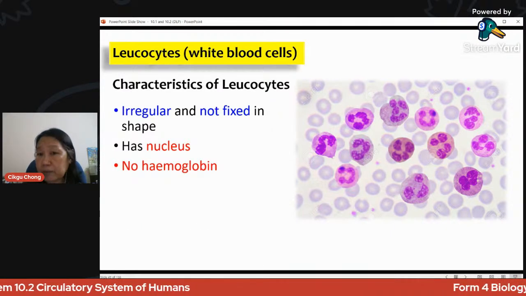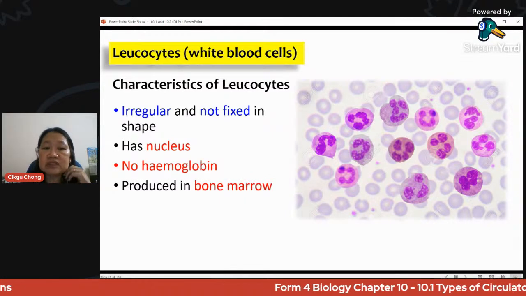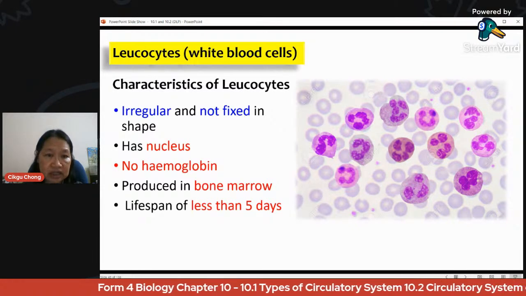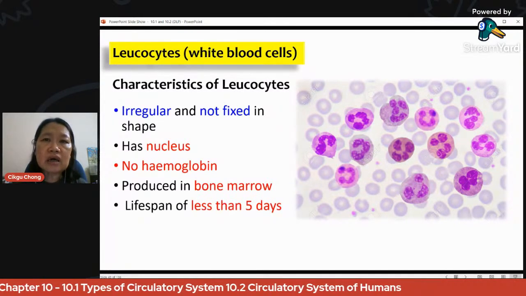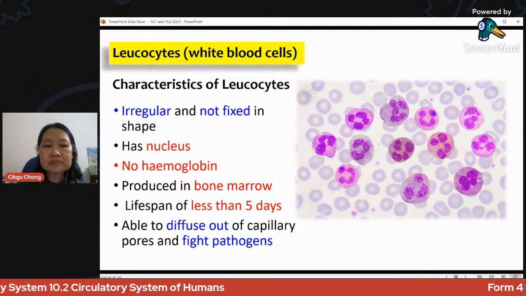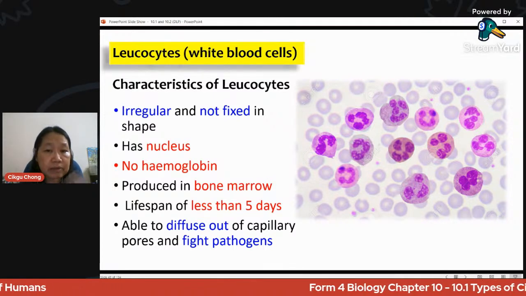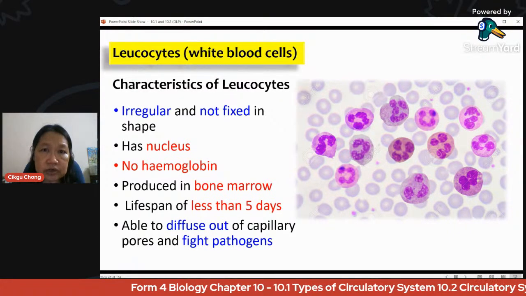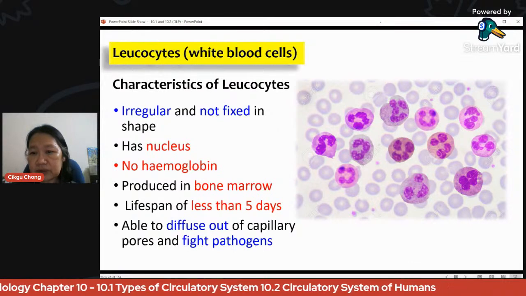There's no hemoglobin, so they are not red; it's hemoglobin that makes blood red. They are also produced in the bone marrow. The lifespan is even shorter than 7 days, less than 5 days, so your white blood cells are constantly being recycled and new ones produced. They are able to diffuse out of the capillary pores and fight pathogens. They can squeeze through the capillary pores and kill bacteria that happen to find their way into your body cells.